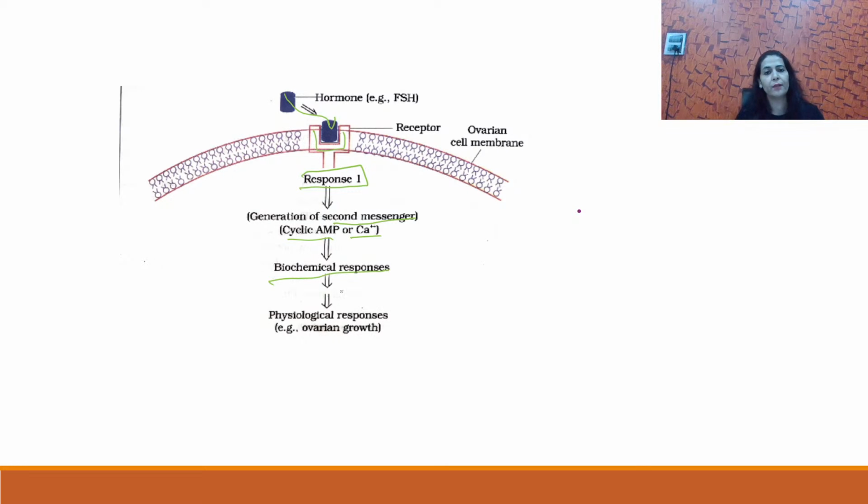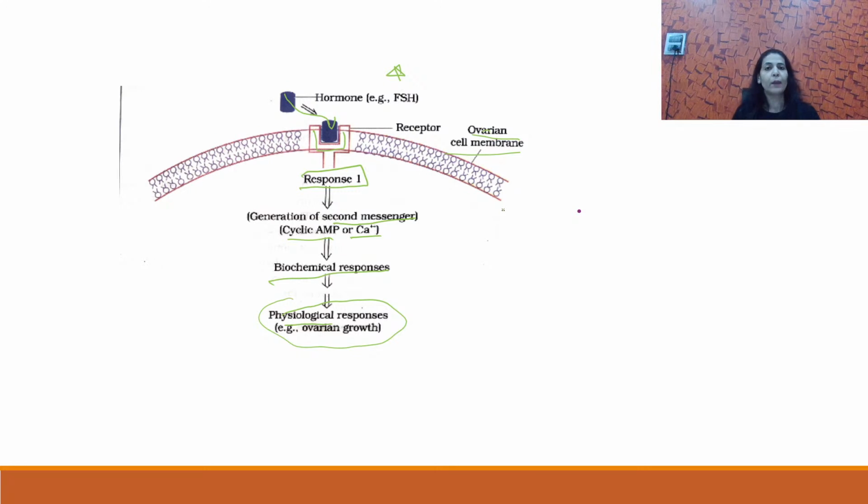And then the biochemical response is generated. Here they have taken the example of FSH, follicle stimulating hormone. It's acting on the ovarian membrane. And it brings about the physiological response, that is the growth of the ovarian follicle.